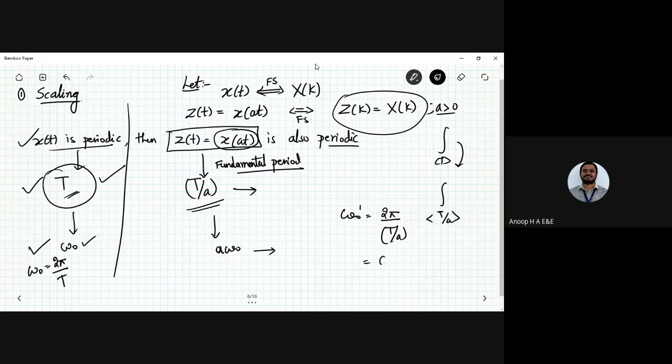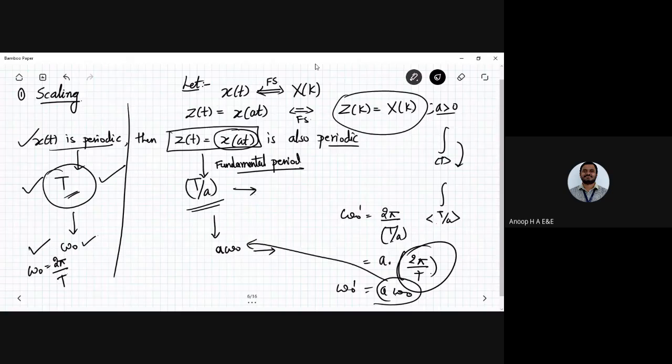So you get a into 2 pi divided by t. This 2 pi divided by t is omega naught, so the new frequency omega naught dash is a into omega naught. These are certain basic things that you need to remember. All right, moving on to the next one.